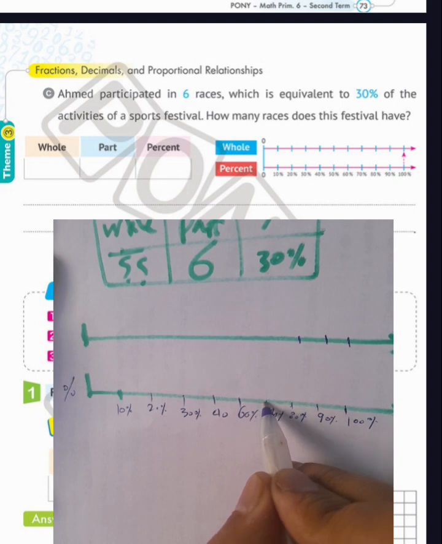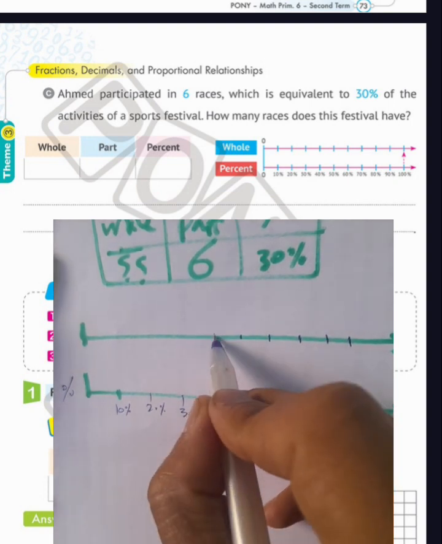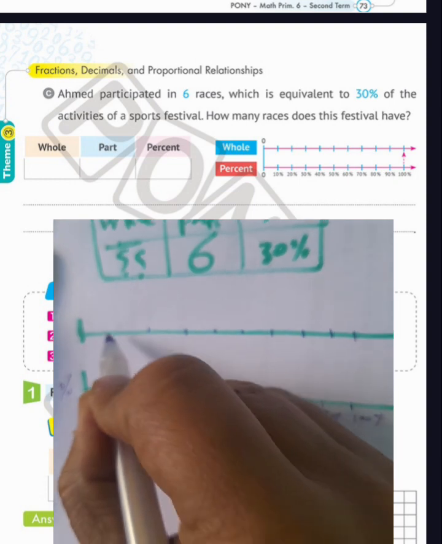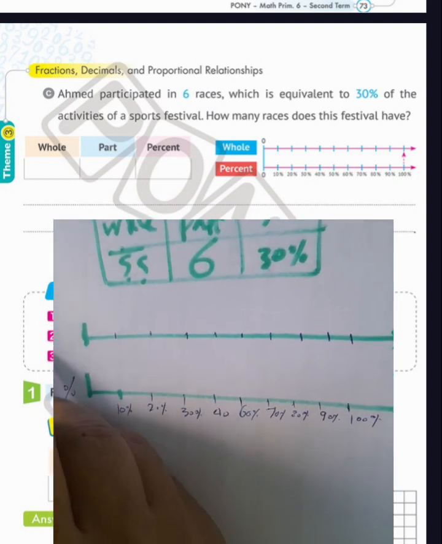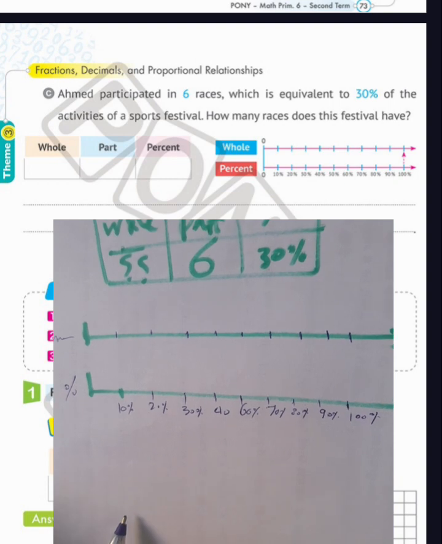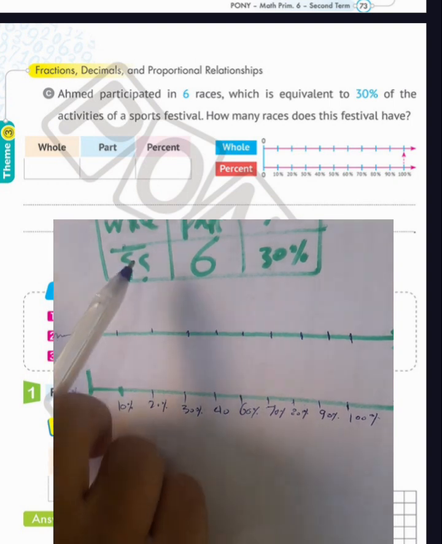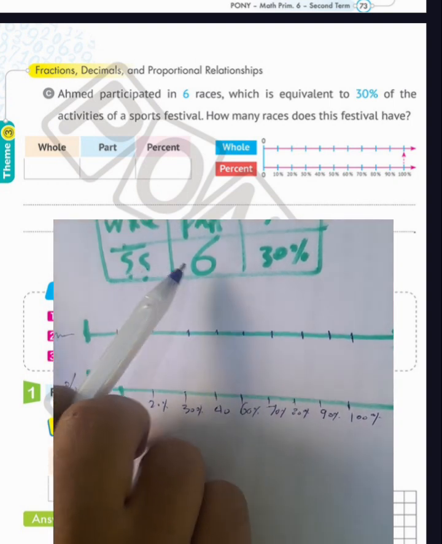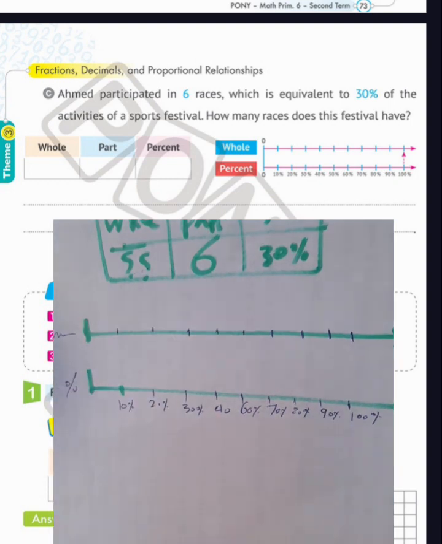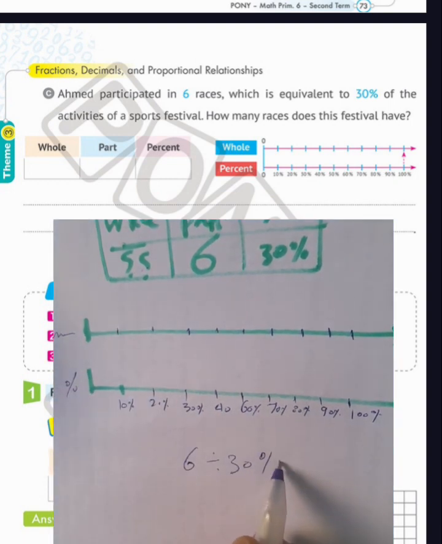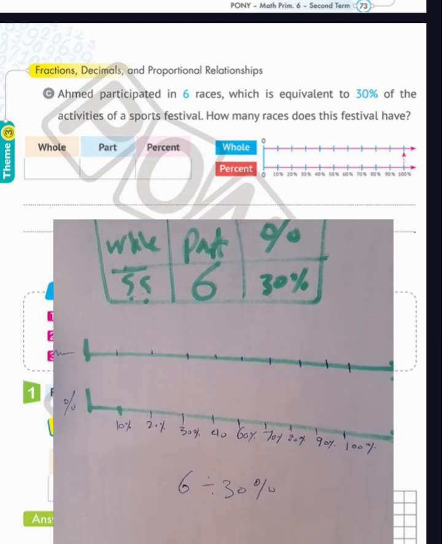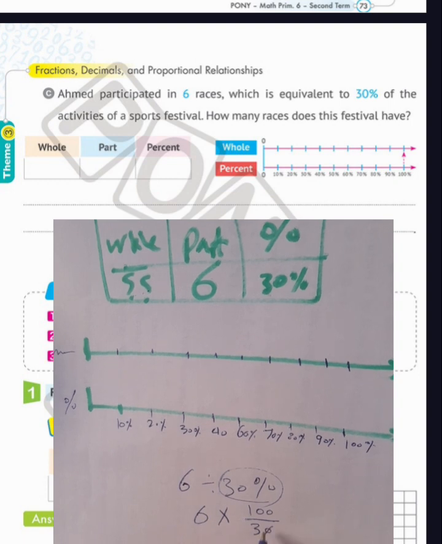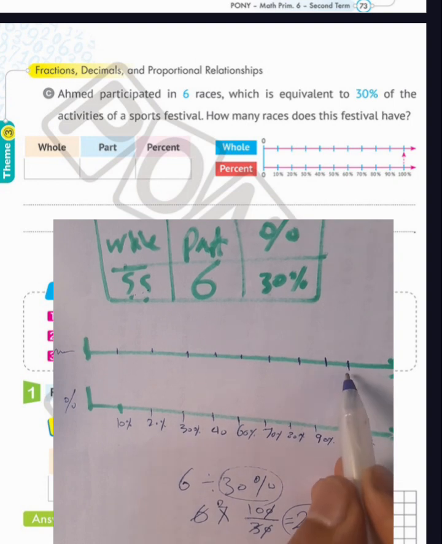We have the part and the percentage, and to find the whole number, you must divide the part by 30%. Then write 6 multiplied by the inverse of this number. It will be 100 over 30. Cancel 0 by 0. 6 divided by 3 equals 2. 2 times 10 equals 20. Then the result here will be 20.